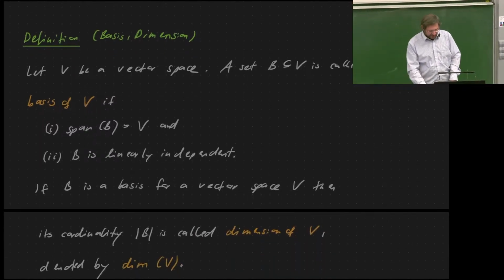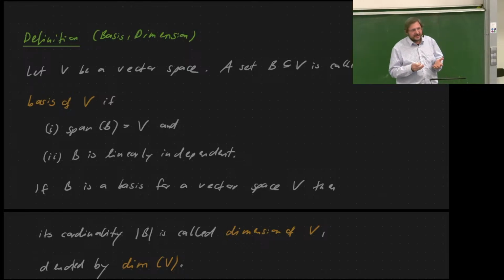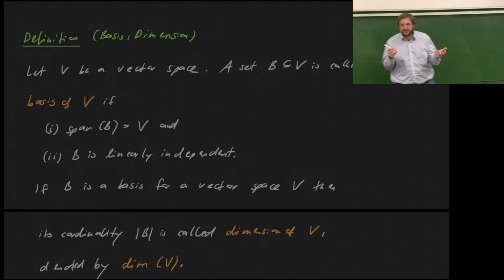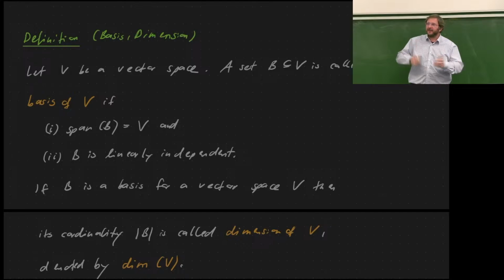So we talked about sets that span a certain space and are irredundant, in the sense that removing any vector from that set will yield a different span. And that is basically what a basis is.